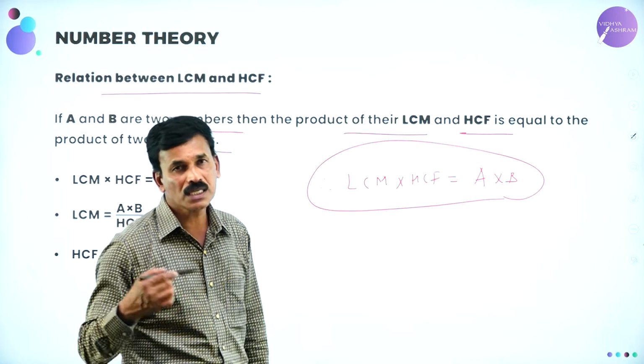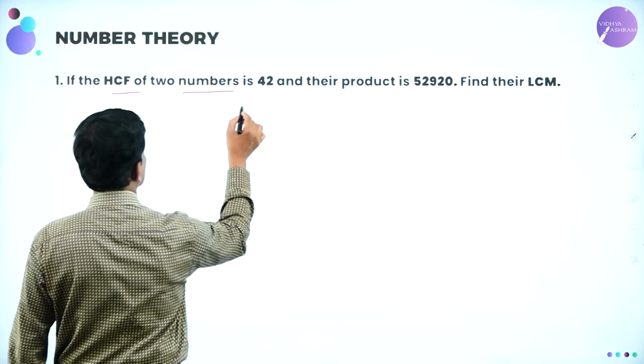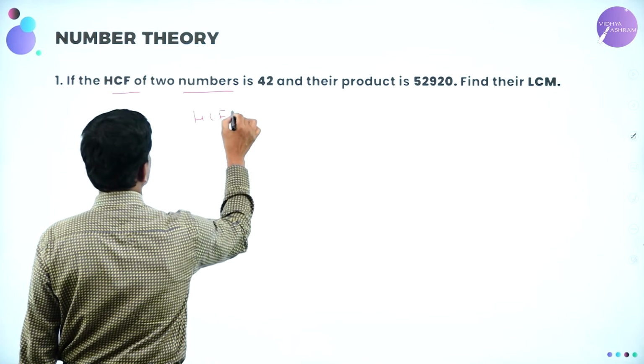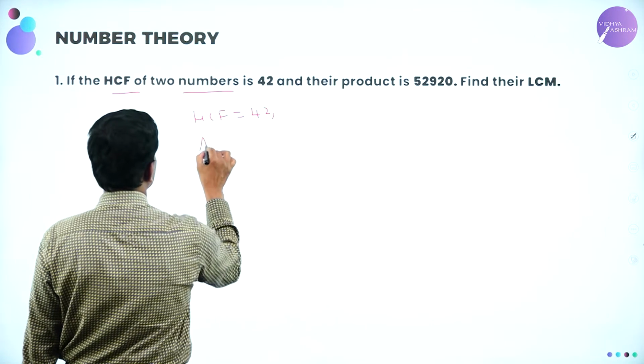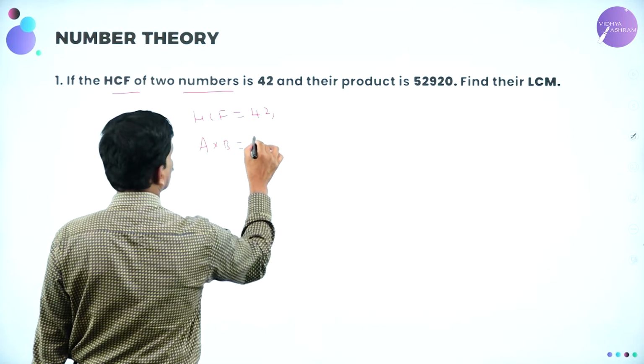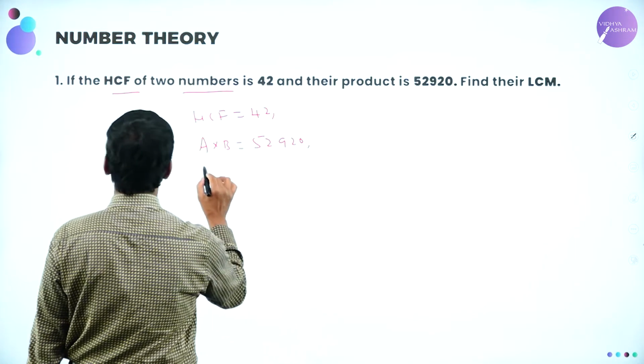Now, based on this, let us take a few problems. If the HCF of two numbers is 42 and their product A into B is 52,920, find the LCM.